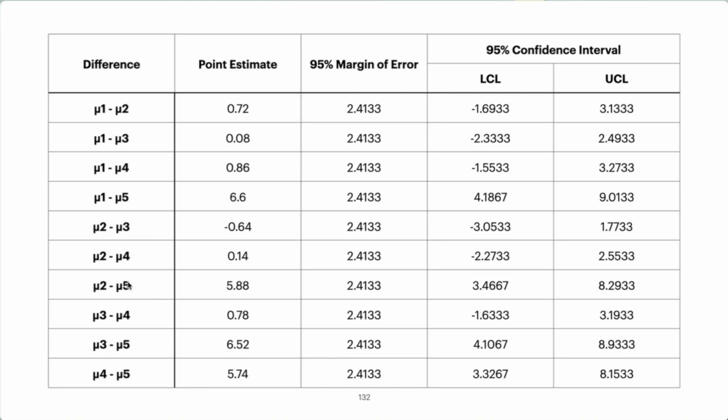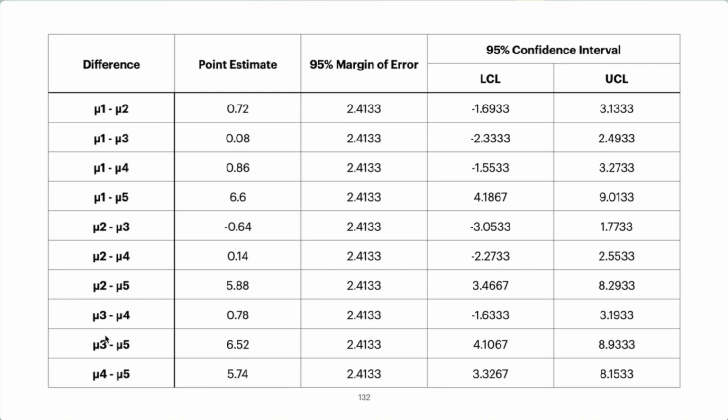Comparing treatment 2 to treatment 5, we see a similar result in that the 95% confidence interval does not contain 0. Because of this equivalence between two-sided confidence intervals and two-sided hypothesis tests, we know that we would reject the null hypothesis that treatment means 2 and 5 are equal, and conclude that they're different.